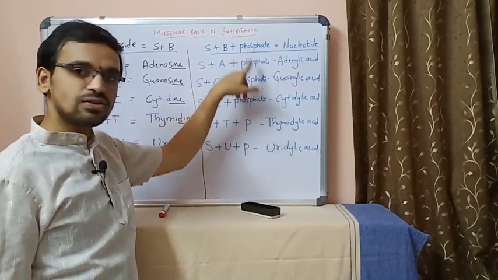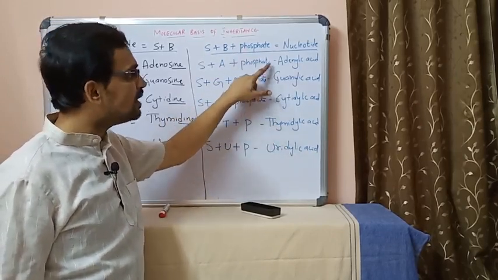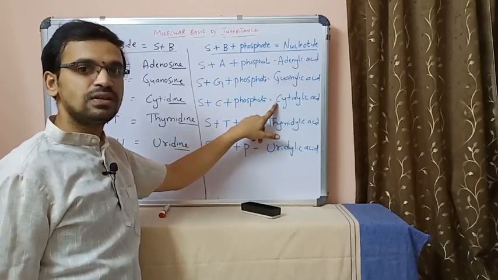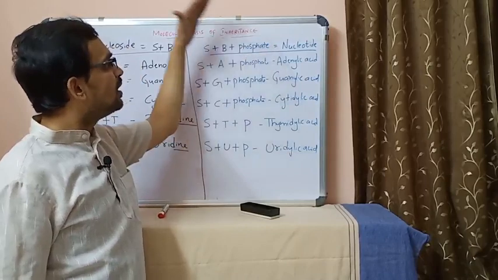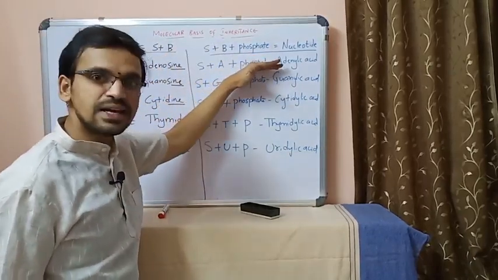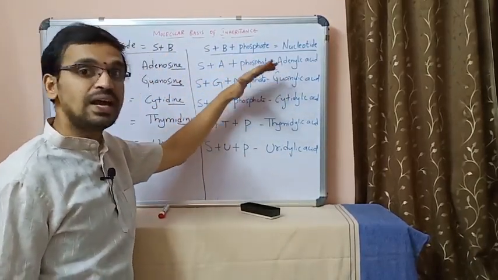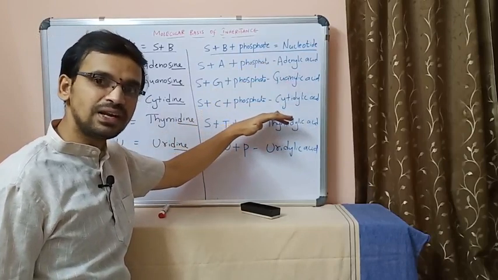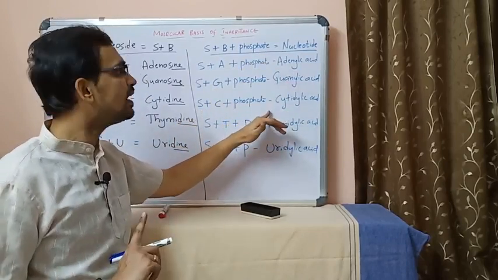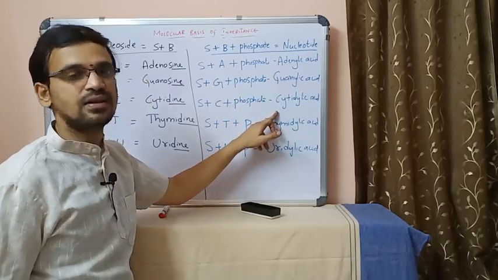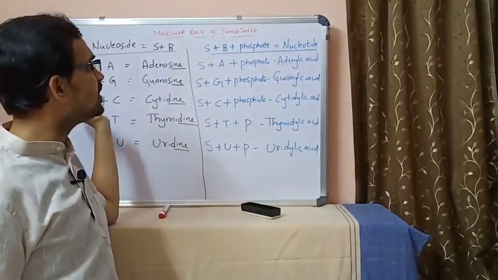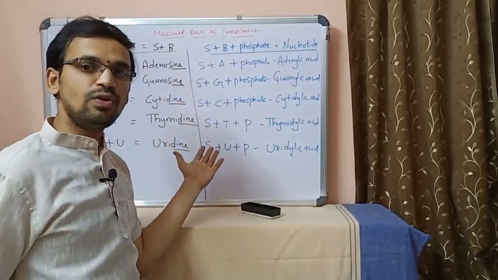In these 3 cases only it happens because adenine, guanine, cytosine, these 3 are common in both DNA and RNA. That's why deoxyadenylic acid, deoxyguanylic acid, deoxycytidylic acid are present in DNA. If it is RNA, adenylic acid, guanylic acid, cytidylic acid. So these are the different types of nucleosides and nucleotides.